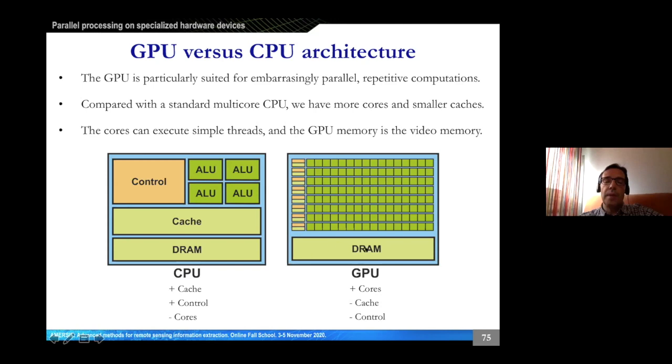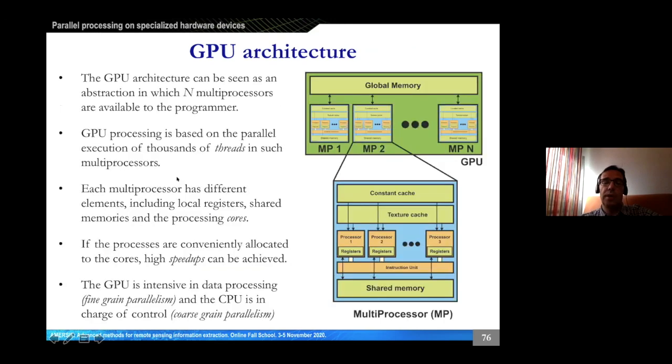And the main memory in the GPU is the video memory. So it's kind of equivalent to the main memory of the multi-core. As you can see, the arrangement of the cache and the control in the multi-core is completely different. So the GPU architecture can be seen as an abstraction in which we have n multiprocessors available to the programmer.